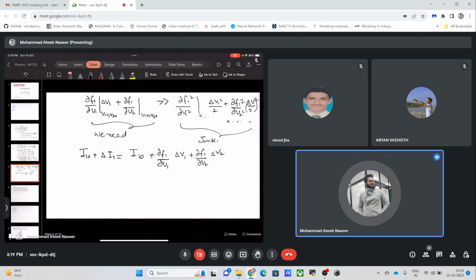This is the current we obtained in this device as a result of the small perturbation to the voltage.